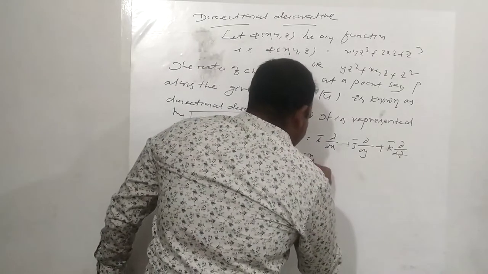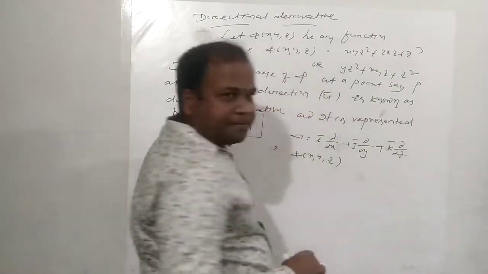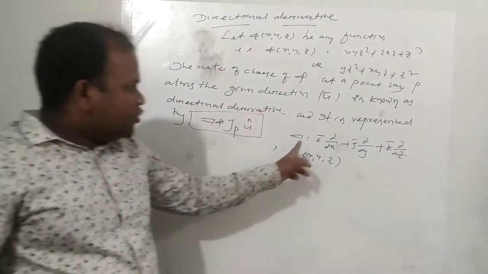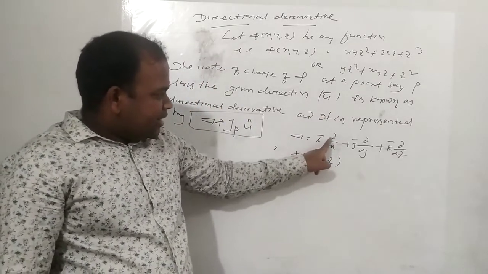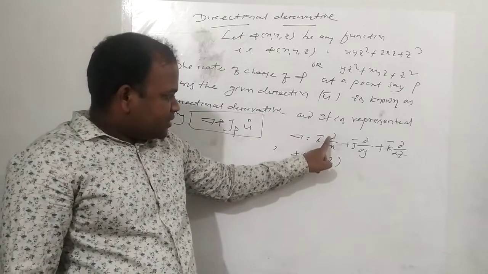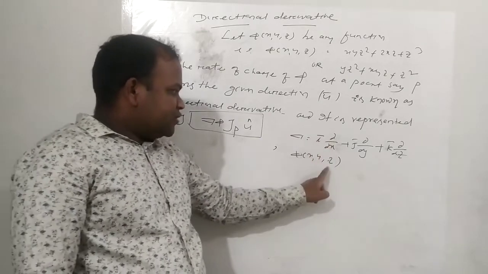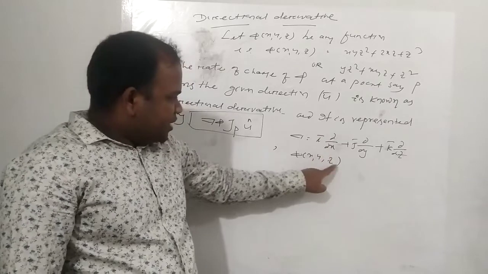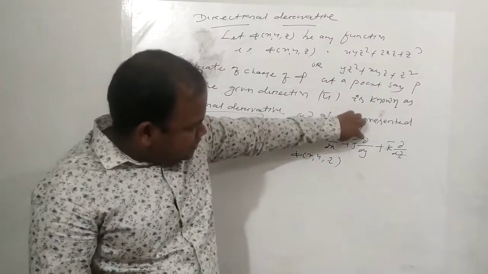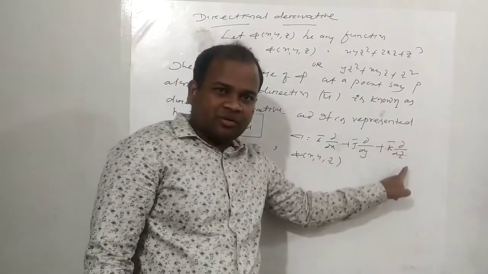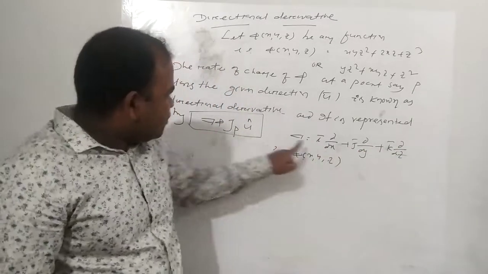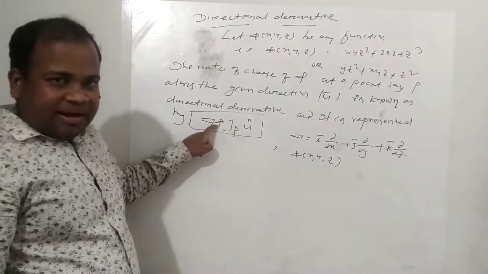So del phi means I differentiate phi with respect to x, differentiate phi with respect to y, and differentiate phi with respect to z. So here you will get the value of del phi.